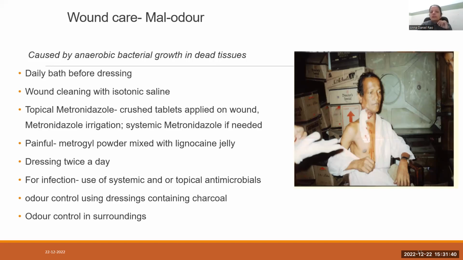But with the help of charcoal, or newspaper cuttings, you can absorb the malodorous vapors in the atmosphere, and bad odor in the environment can be controlled. Even incense sticks and kapoor can be used. These can be kept below the patient's bed, and you can control the odor in the environment. So this becomes very essential.